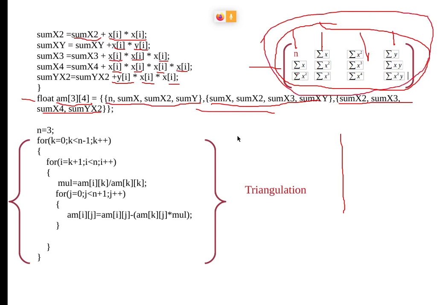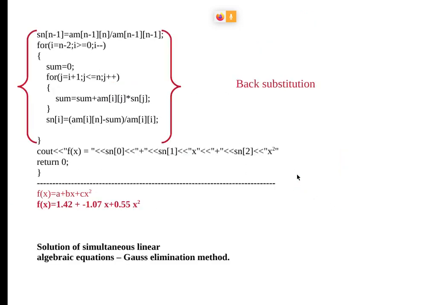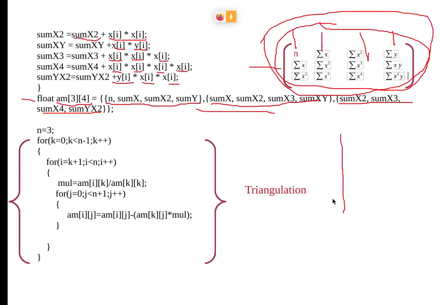Now I can start the Gauss elimination method. In the Gauss elimination method, I have two parts, triangulation and back substitution. Here I am replacing the value of n with 3. Why? Because in the Gauss elimination program, the value of n is taken to store the number of equations.